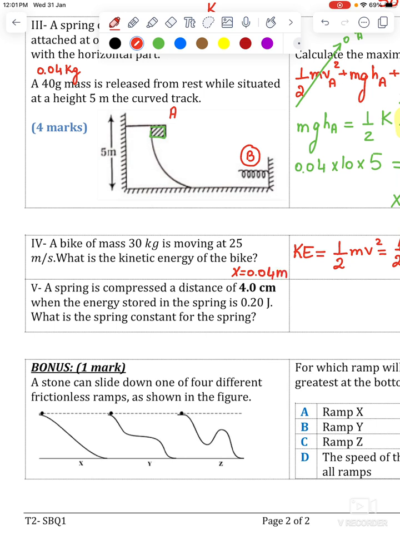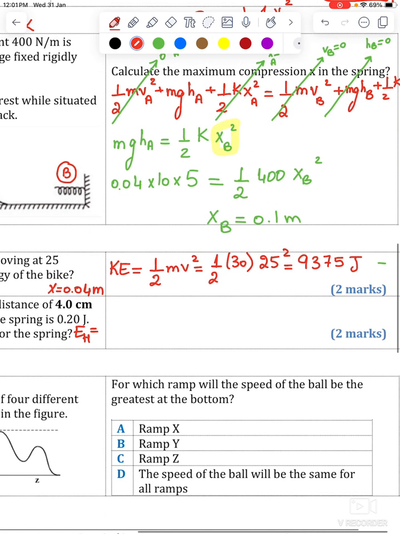The last question, a spring is compressed at a distance x equals 0.04 meters. The energy stored in the spring is given as the elastic energy. What is the spring constant K? So I need K. Given the elastic energy equals half kx squared, I can replace each by its value.